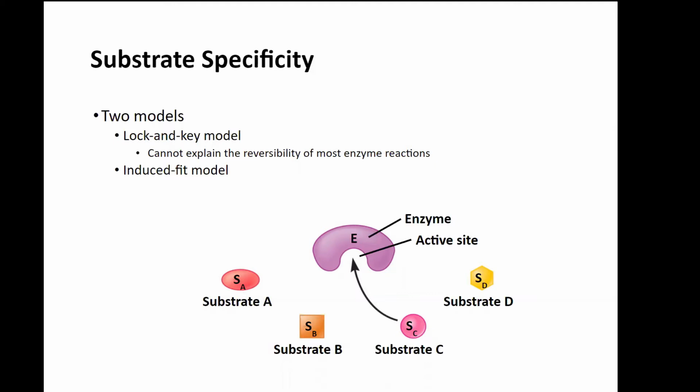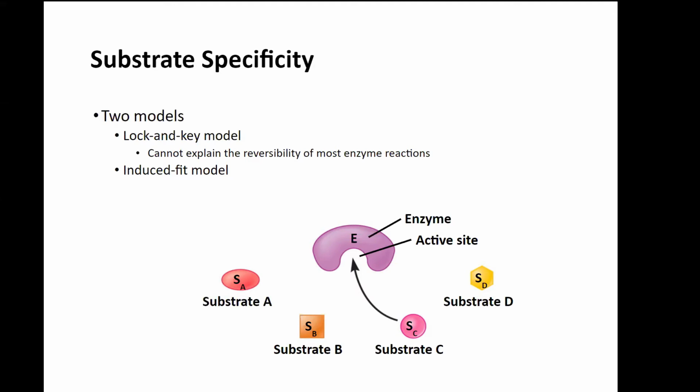But we saw from our equation of these chemical reactions that our chemical reactions are reversible. So most reactions that we'll see in the body that are catalyzed by an enzyme can also work in the reverse. So we can take those products and convert them back into the reactants.